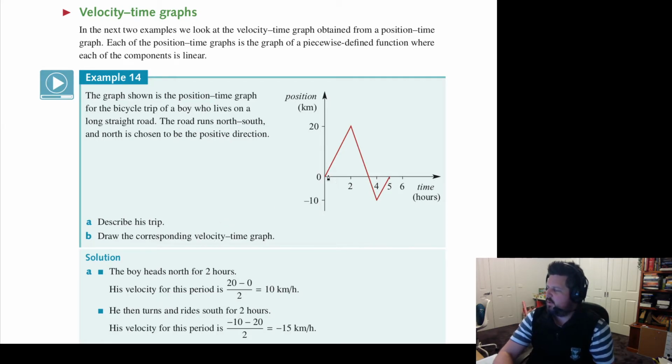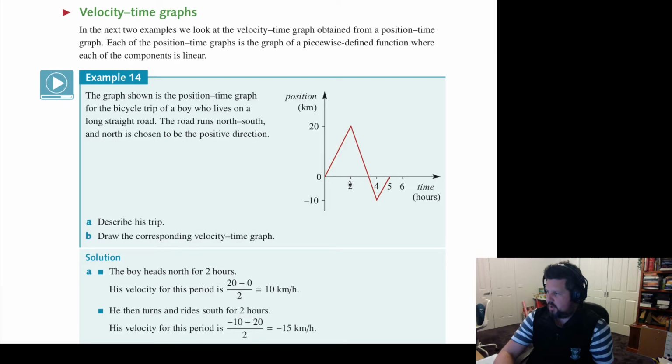So what you would talk about is what's happening for the first 2 hours. For the first 2 hours, you can see he's heading in a positive direction, which means he's heading north. To then talk about his velocity, we're going to work out the gradient of that particular line. So again, we're looking at the change in position divided by the change in time.